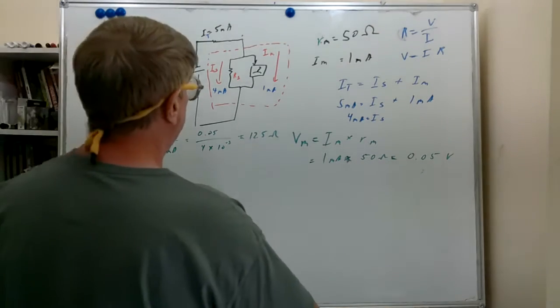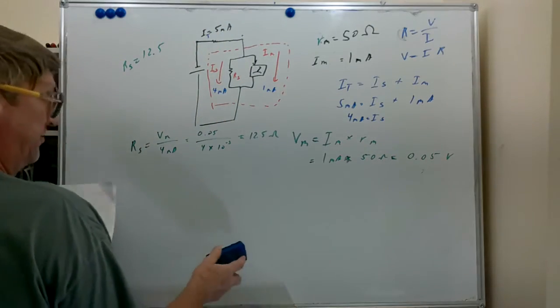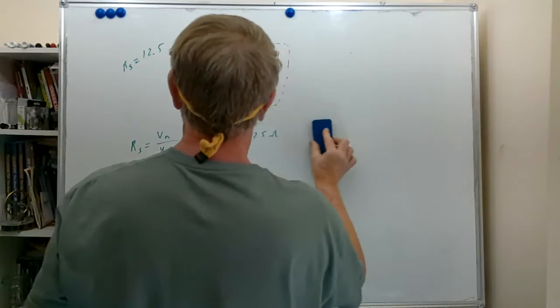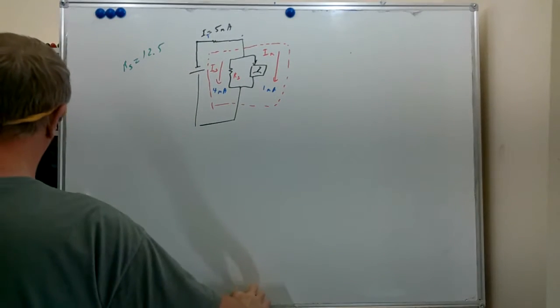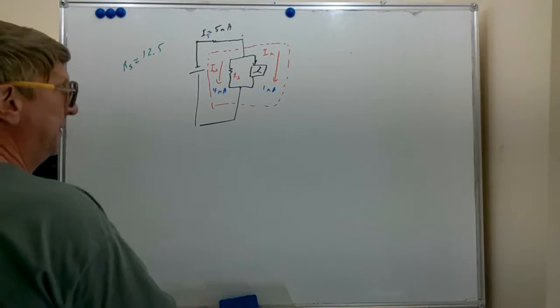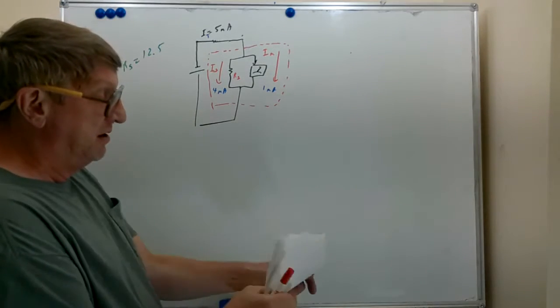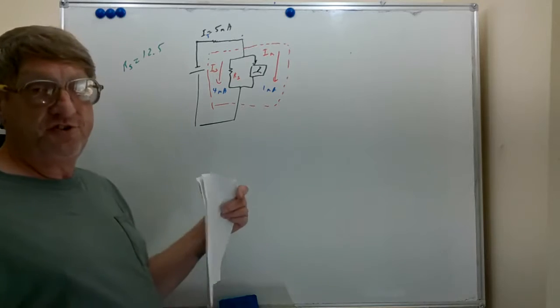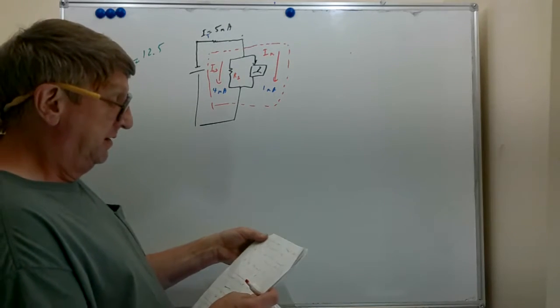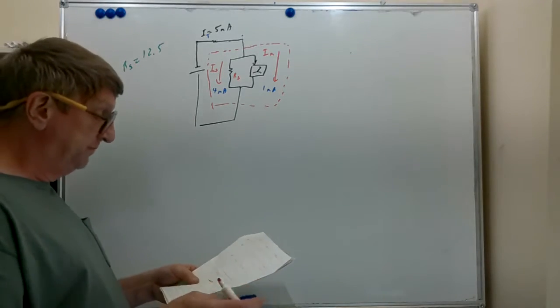So let's review the rules which we used here to do this. How you calculate a shunt resistor. We have two things. We have to calculate the voltage of the meter, and we have to calculate the current through the shunt, which we can do in either order.